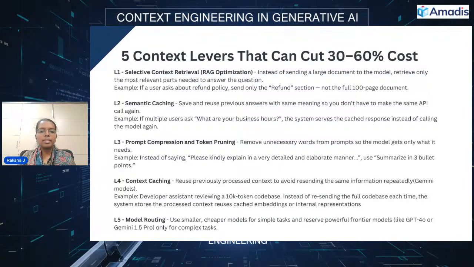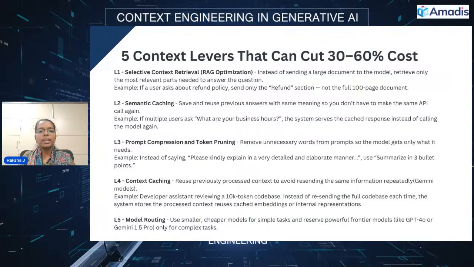The second lever is semantic caching. This is much different from traditional caching. The example I want to tell you is: if you give a prompt to your system, say asking what your business is, and previously the answers were stored in your semantic cache memory or in a vector database, the model will just compare the prompt you have provided to the vector DB.